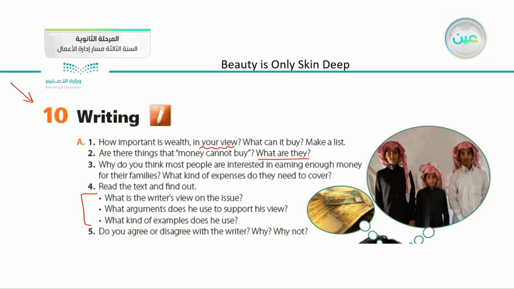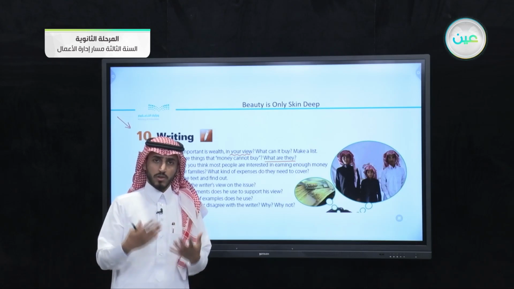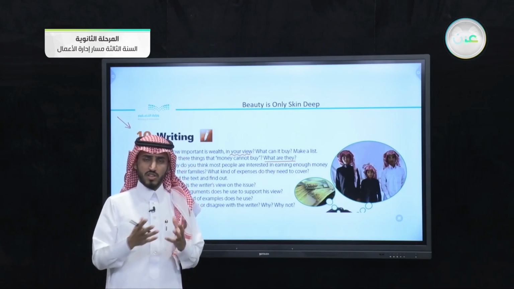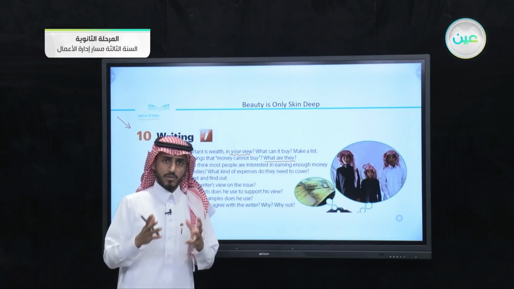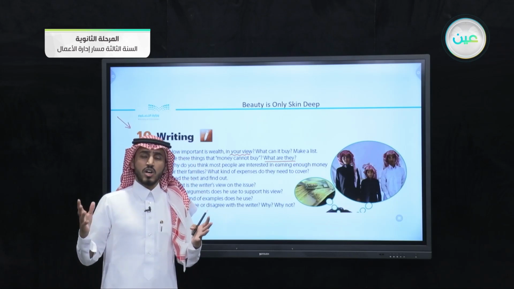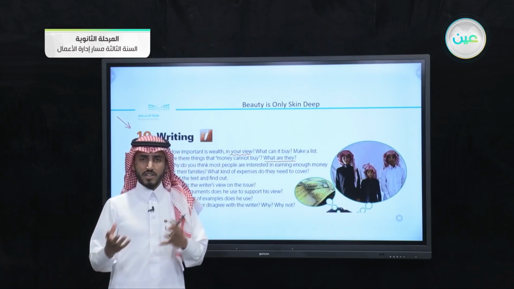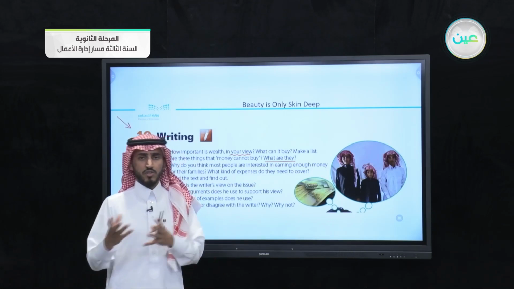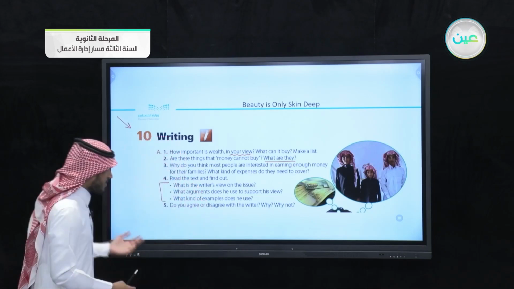Why or why not? The writer argues that money is important, or wealth and being wealthy is important for everyone, and people should seek fortune. So, do you agree with the writer or not? If you agree with him, why do you agree? If you don't agree with him, why don't you agree with him?